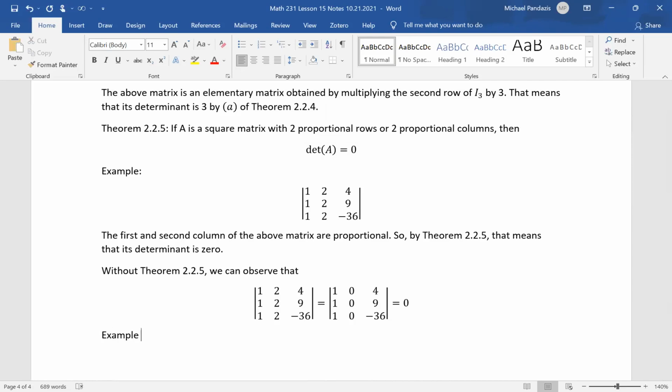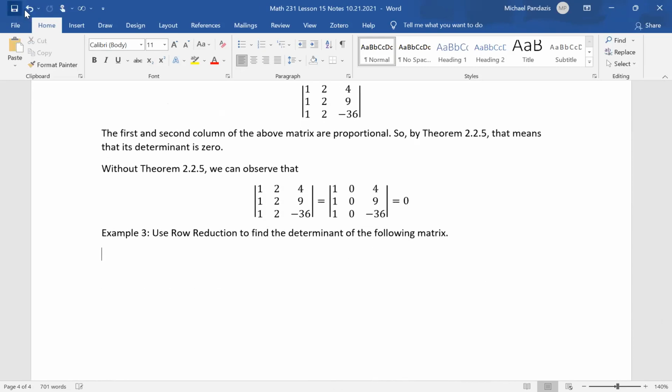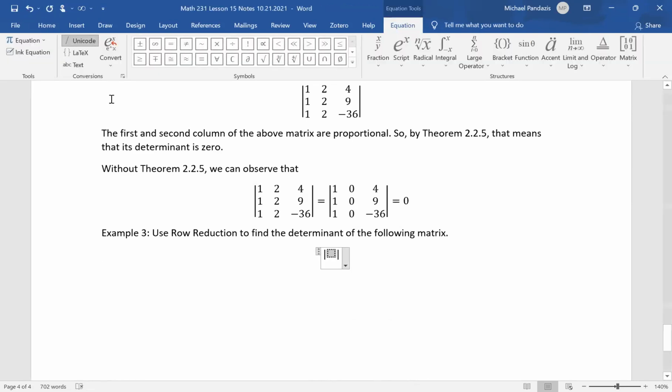Another example is example 3. So we use row reduction to find the determinant of the following matrix. Okay, so we're going to use row reduction to find the determinant of the matrix. So here's our matrix that we want to find the determinant of.